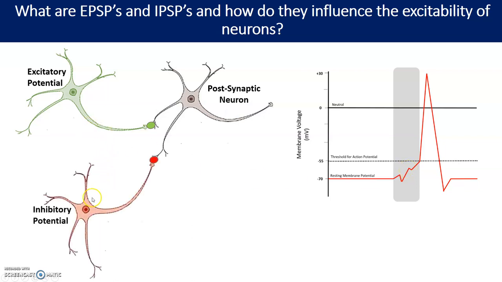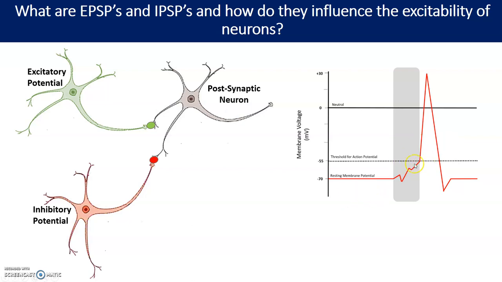In contrast, you could also have an inhibitory potential, which will send out an inhibitory neurotransmitter. A lot of times GABA is one of the more common ones. When it binds to receptors, it actually causes it to become more negative and get further away from threshold. The more negative you are, the more negative the membrane potential is, the further from threshold, and the less likely it is going to generate an action potential and actually signal for contraction.